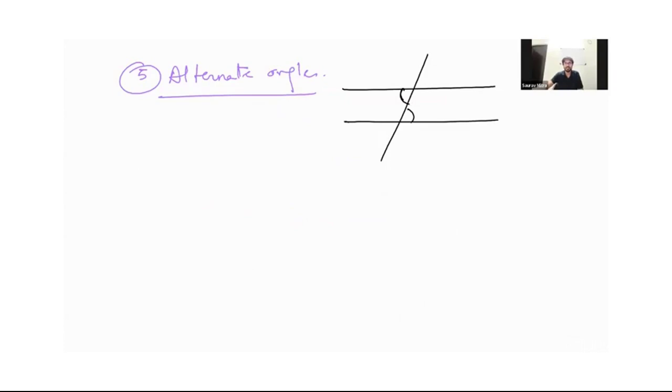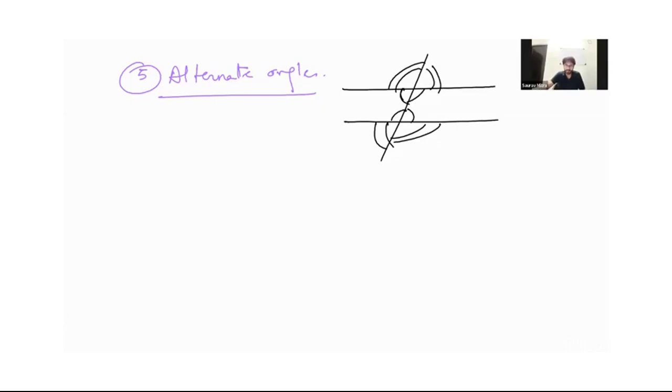This is the alternate interior case, and this is the alternate exterior case. If you take this side, it will be equal to this, and if you take this, this side will be equal. So these are the alternate interior and alternate exterior cases.